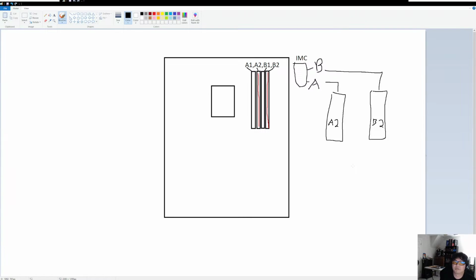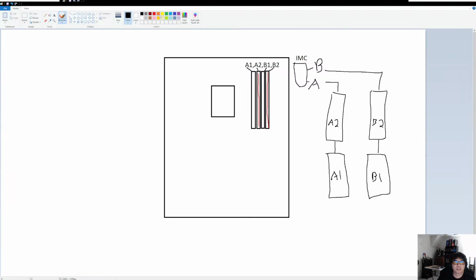Now, if you plug RAM into A1 and B1 and you have A2 and B2 empty, what ends up happening is, because this is a daisy-chained topology, like I said earlier when we drew out the chain links, this is a daisy chain, which means A1 and B1 are hanging off of A2 and B2.